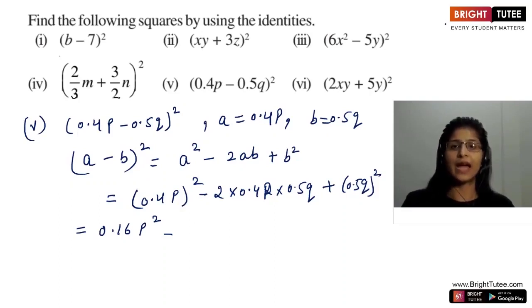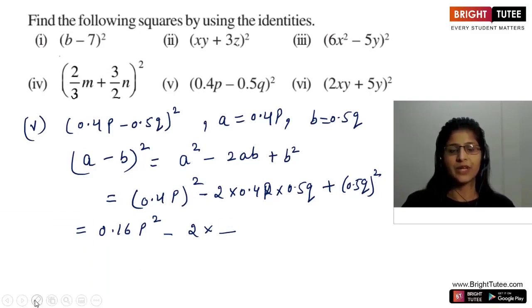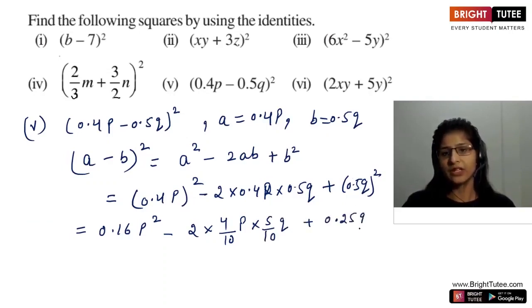If you have some confusion in multiplying the decimals, and you are not doing it orally, what you can do is replace the decimal with tens or hundreds, whatever the number of digits are there after the decimal. So just see, we will write it as 2 into 4 upon 10, p into 5 upon 10 q, plus 0.5 whole square will be 0.25 q square.